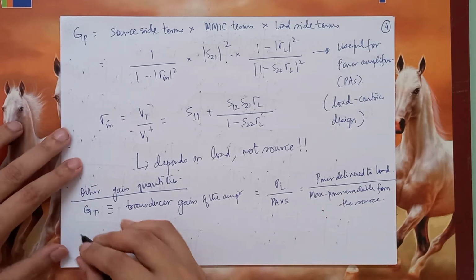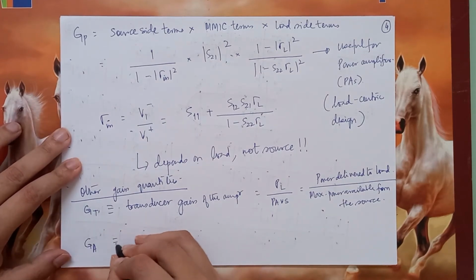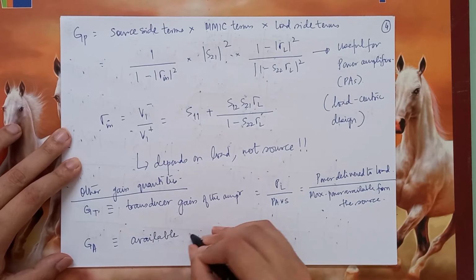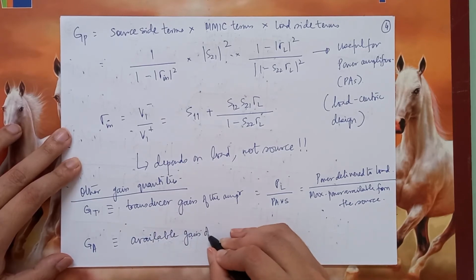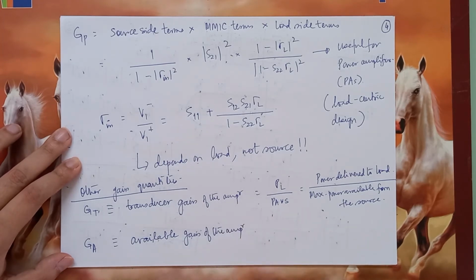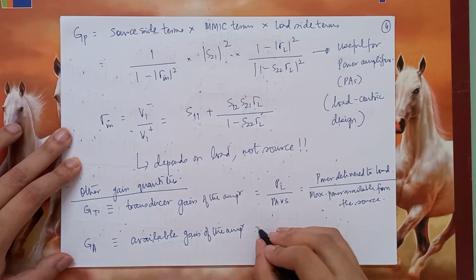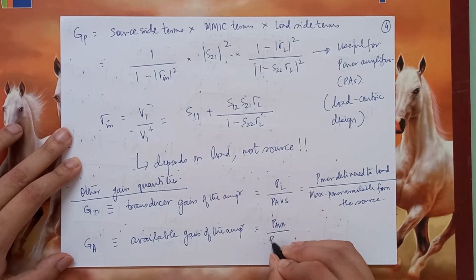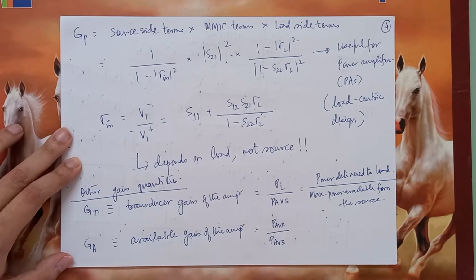Likewise, there is another gain called GA, which is called as the available gain of the amplifier. AMP superscript R is also a short form for amplifier. Now this is defined as PAVA divided by PAVS. PAVS is the same as before. PAVS is the maximum power available from the source, whereas PAVA is the maximum power available from the amplifier output.